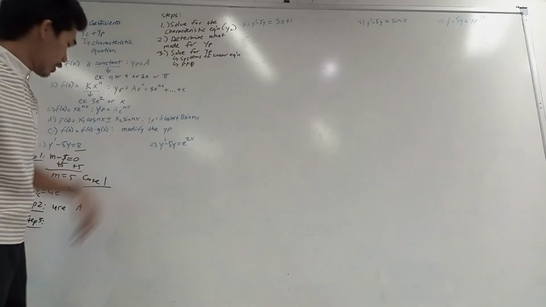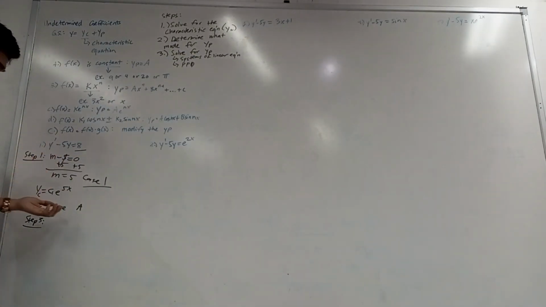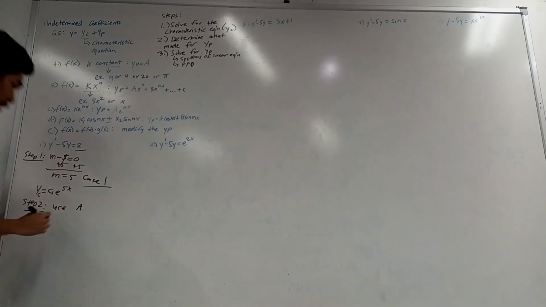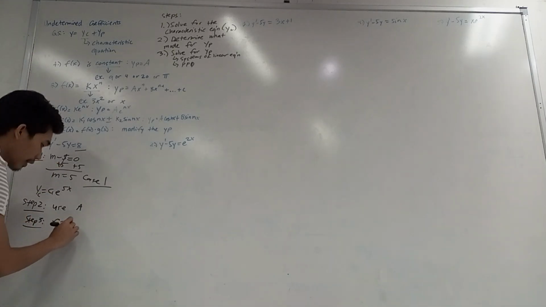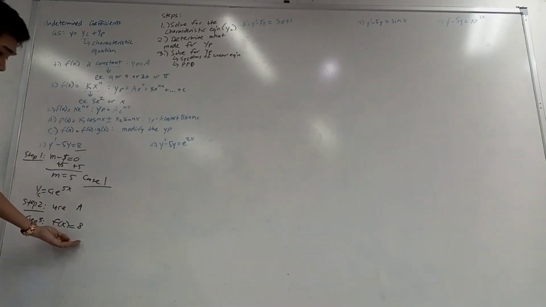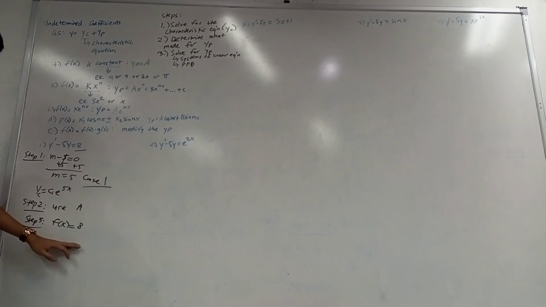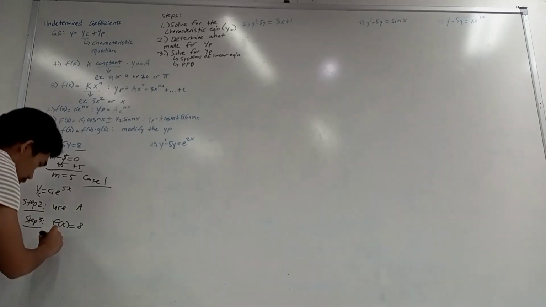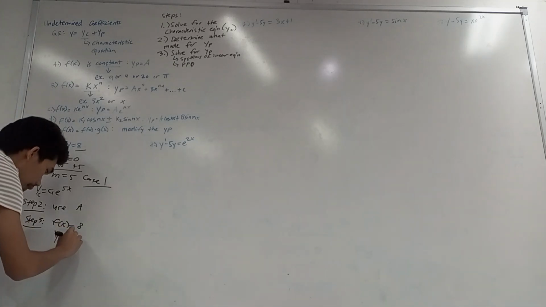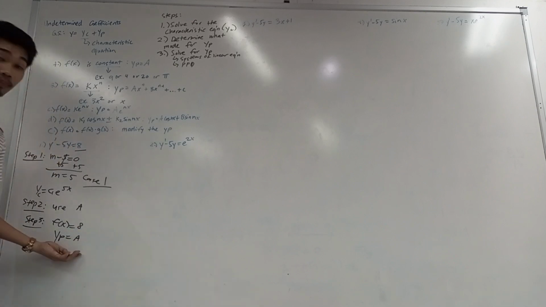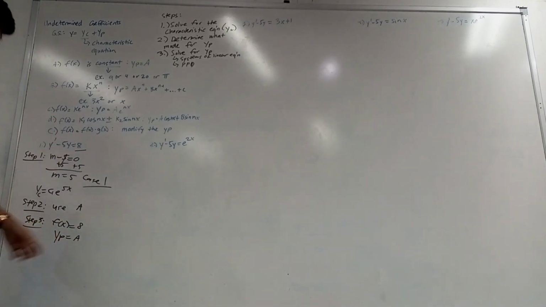Solve for yp. So, to check sa yp, makita natin na ang ating f of x is equals to 8. So, ngayon, as we can see, ang yp natin is just 8. So, yp is equals to 8.